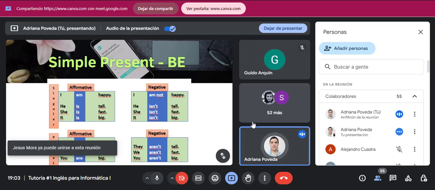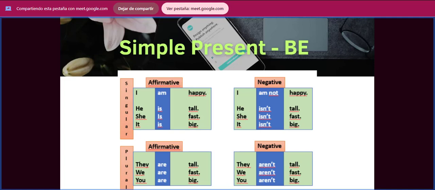We'll divide the explanation of the simple present into the use of the verb to be and also the other verbs. And for each of them, we will go over the affirmative sentences, negative sentences, and also the questions. Additionally, we will be working with comparatives and superlatives as well.